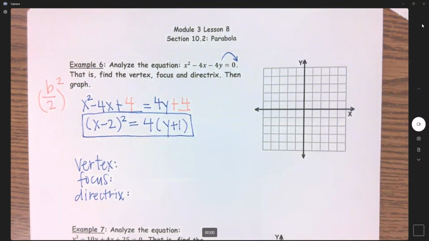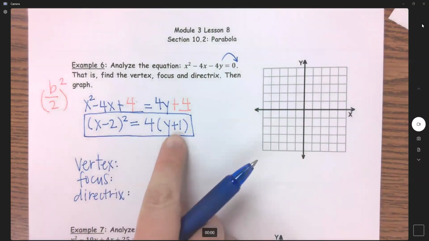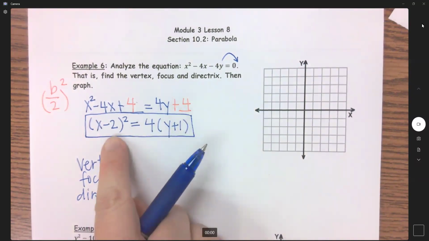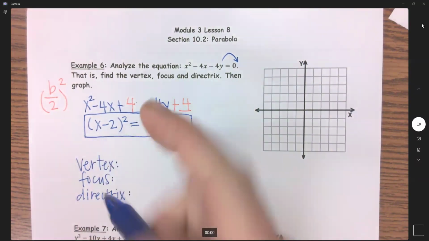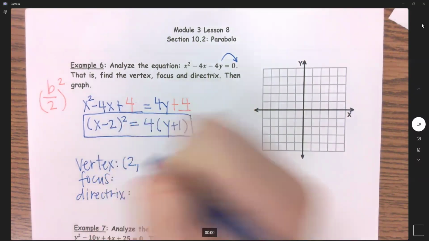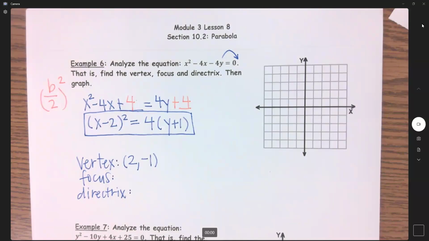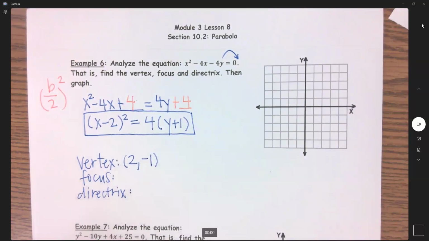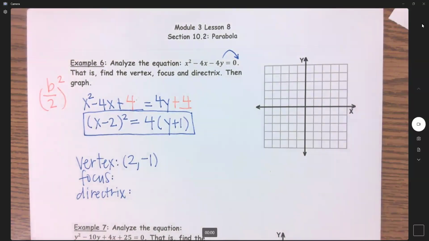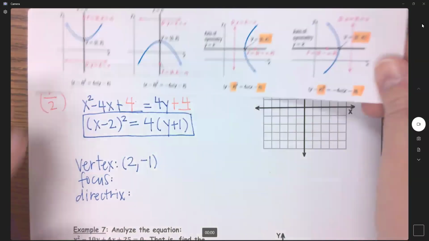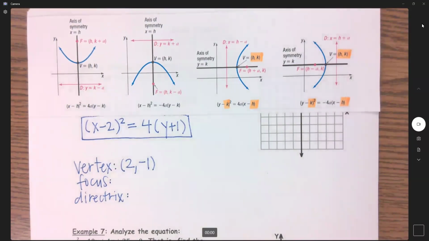Okay, well, I have my vertex just by looking at this. My vertex is h comma k. So here is my h, and my k is negative 1. Now for focus and directrix, I need my a. So let's compare our equations here. Which equation would this one be?